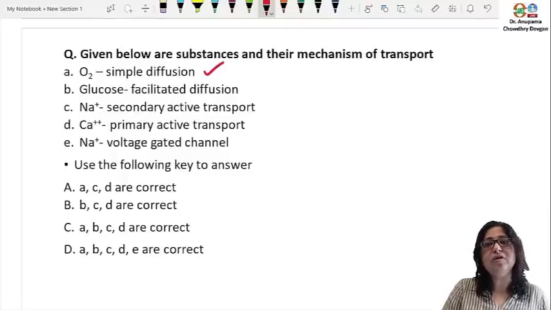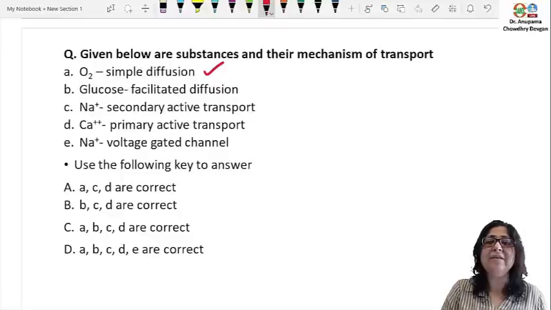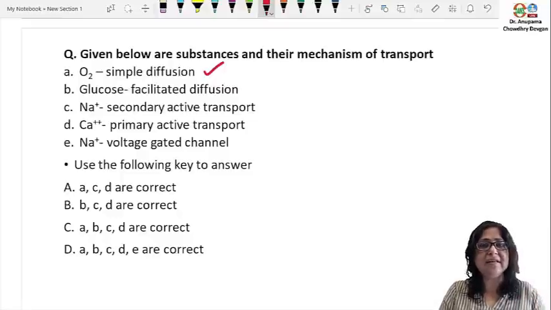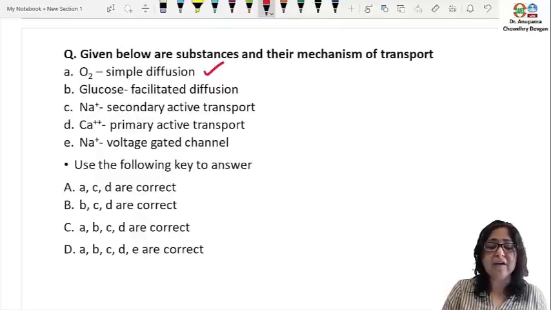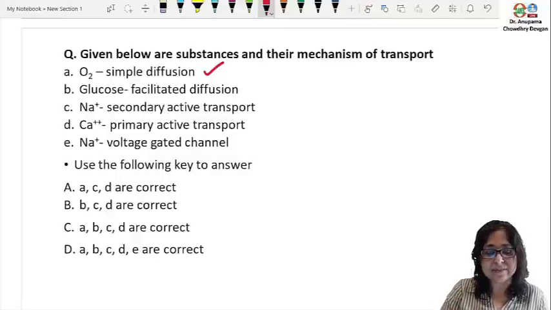Glucose is transported by secondary active co-transport in the lumen of the intestine and kidney, and by facilitated diffusion on the basolateral membrane in the intestine, in the PCT. Also, you have facilitated diffusion, glucose transporters are present in the RBCs, brain. That's how glucose enters into the cells. So facilitated diffusion, that is GLUT, yes.